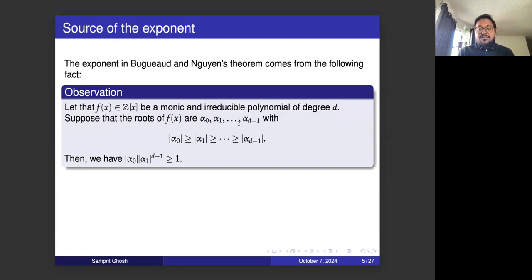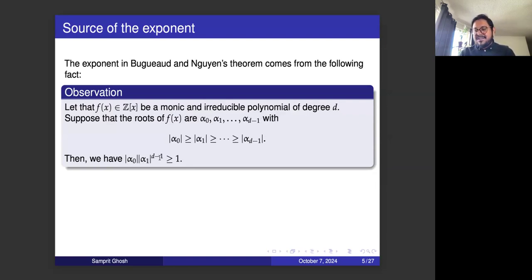Then for any irreducible monic polynomial of degree d, the roots satisfy the following condition: |alpha 0| times |alpha 1|^(d minus 1) is bigger than or equal to 1. This d minus 1 is the source of the d minus 1 in the exponent in their proof.